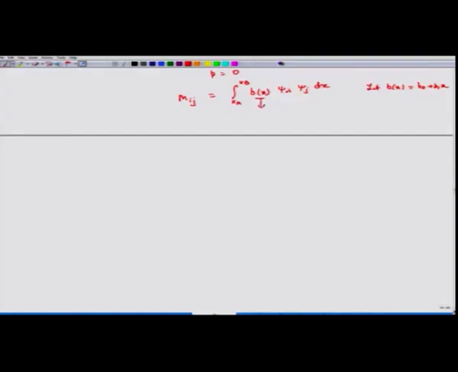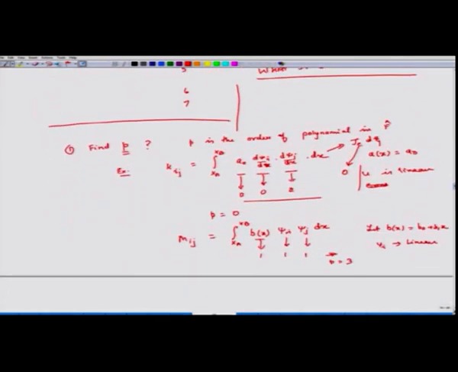Then what is this? First order. Let us say psi i is linear, we choose linear interpolation functions, then this order is 1, this order is 1. So what is the total order? p becomes cubic in this case. So the first step is you find out p.